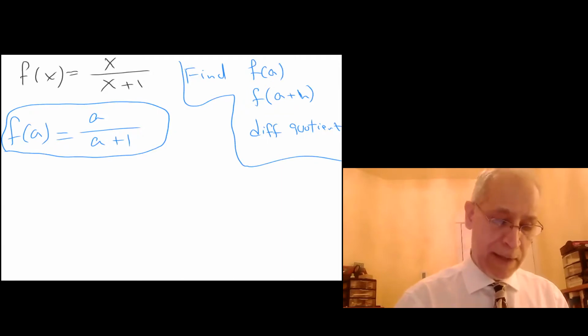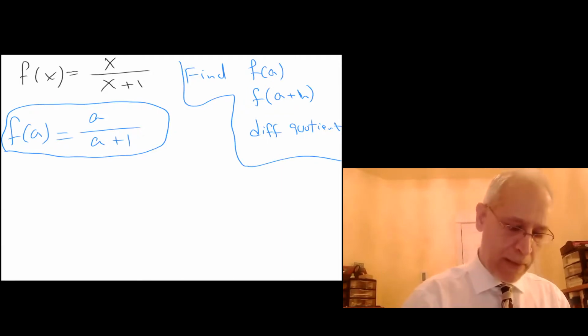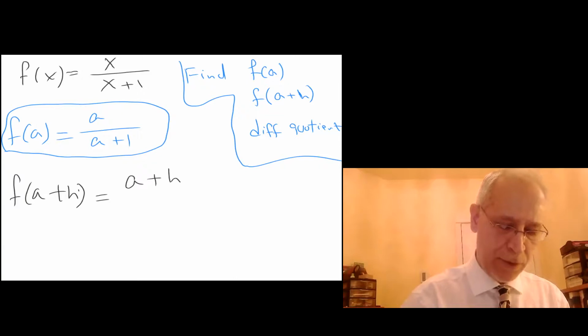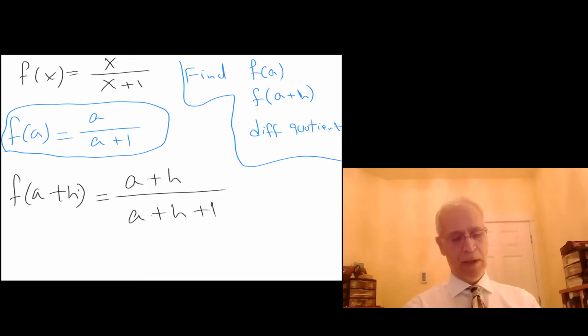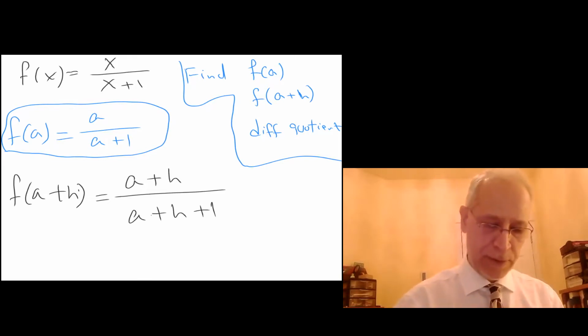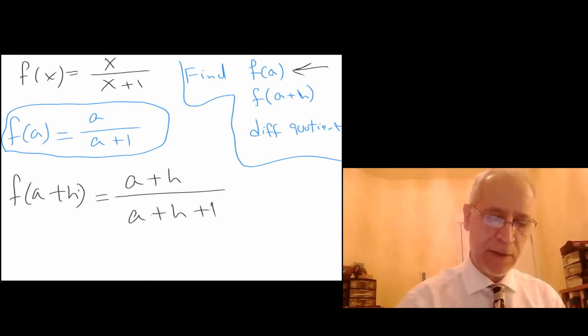How about the f of a plus h? F of a plus h equals a plus h over a plus h plus 1. Okay. And now I found the first part, I found the second part, now I want to find the difference quotient.